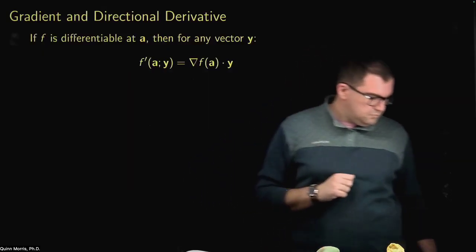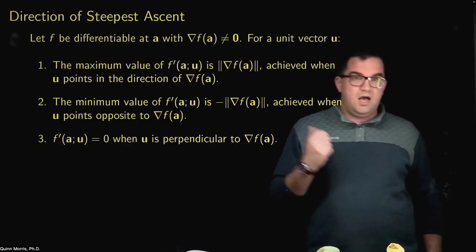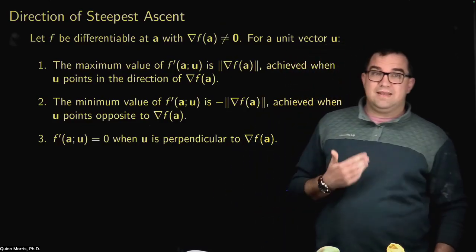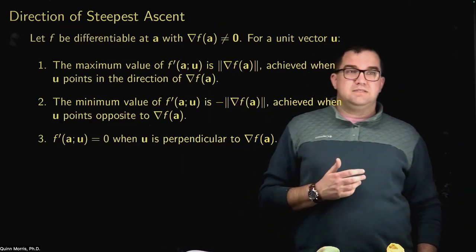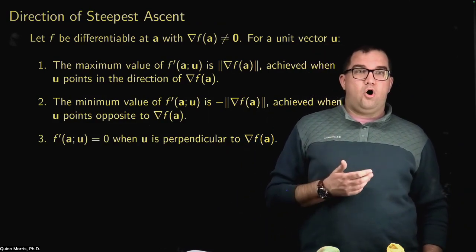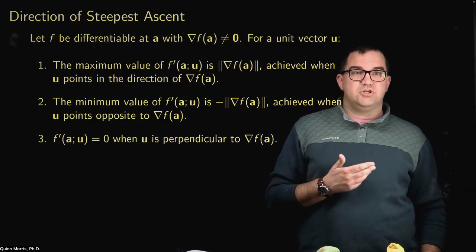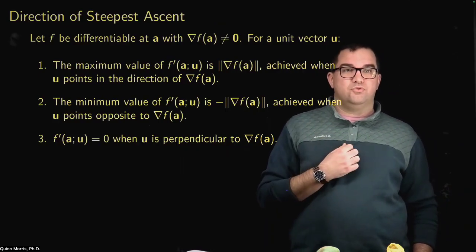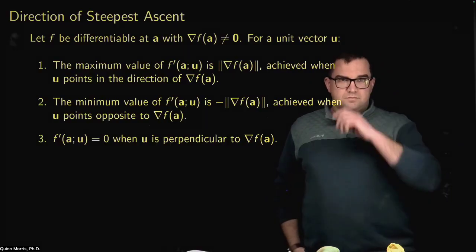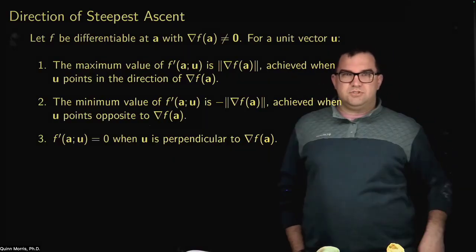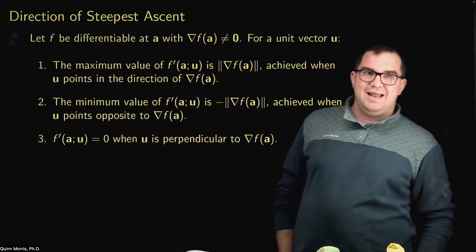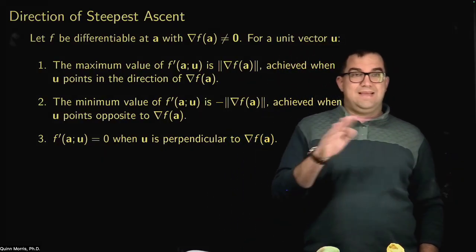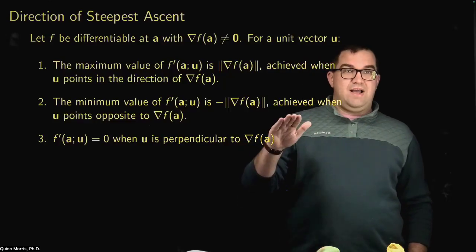All right. The other thing that the gradient often gets used for, and actually is used quite a lot in application, is that the gradient always points in the direction of the maximum value of the directional derivative. So let f be differentiable at a, and assume that you're at a point where the gradient is not the zero vector.